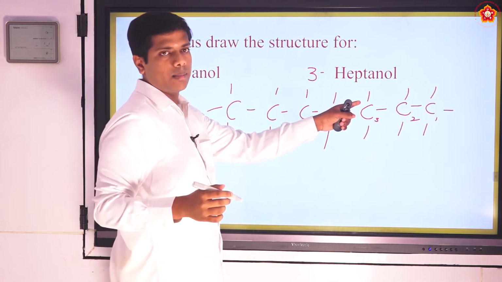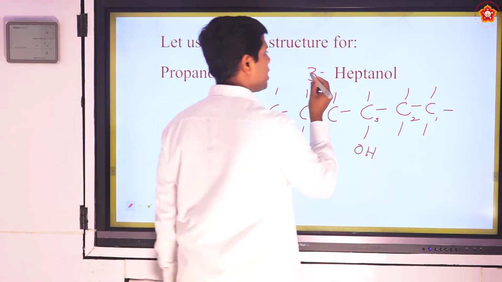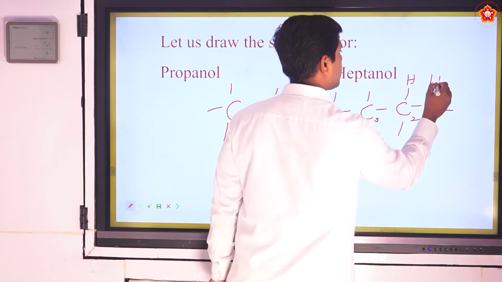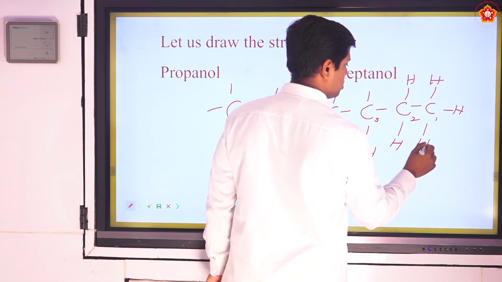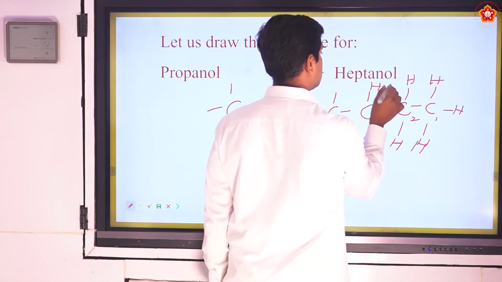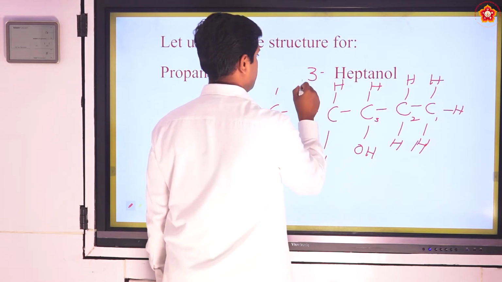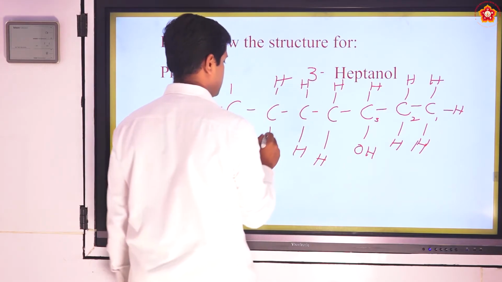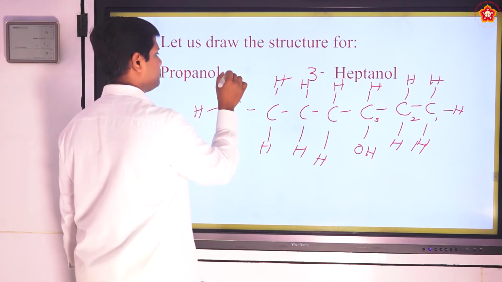In the third carbon, one of the hydrogen atoms has to be replaced by the OH group. Then it becomes 3-heptanol. Now we can write the hydrogen atoms. This is the structure for 3-heptanol.